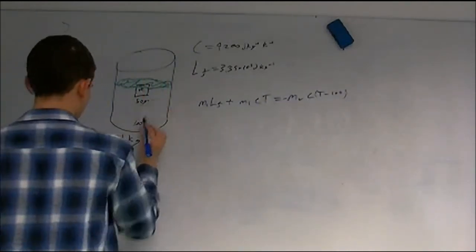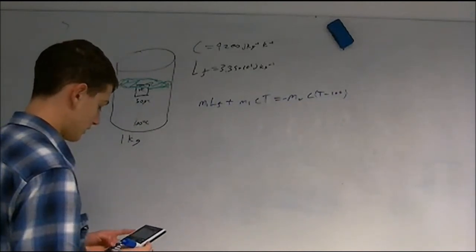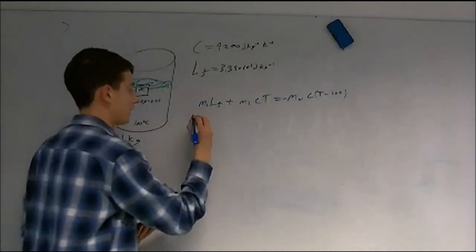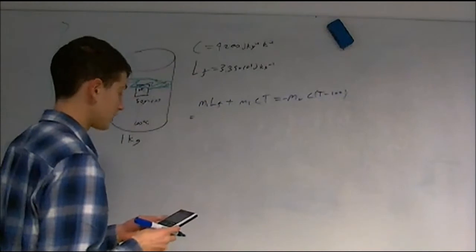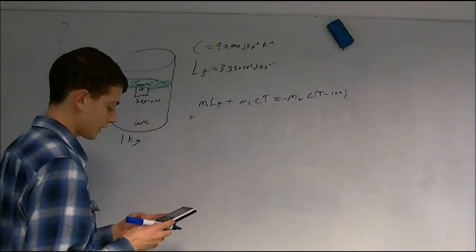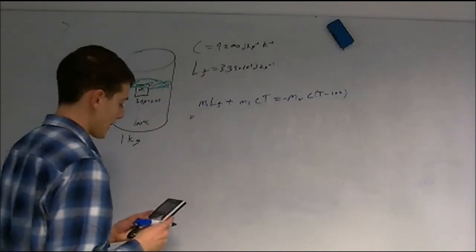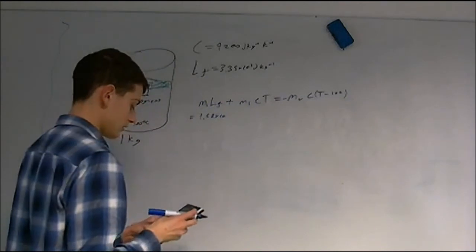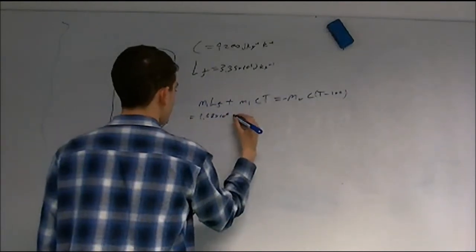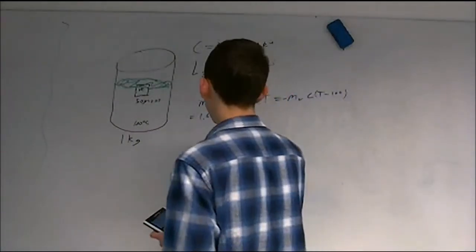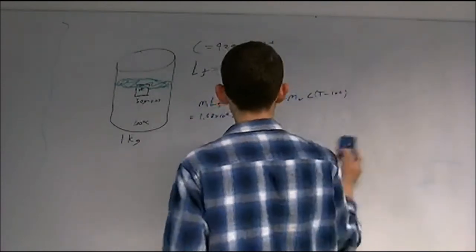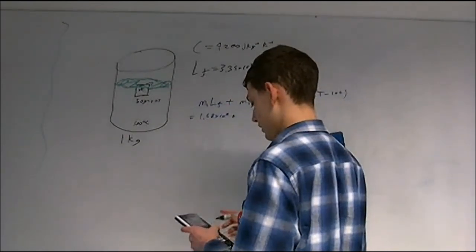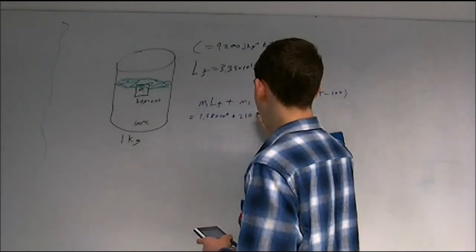So 50 grams equals 50 times 10 to the minus 3, 0.05 kilograms. That equals 0.05 times the latent heat of fusion, 3.35 E5, which is 1.68 times 10 to the 4 joules, plus 0.05 times 4200, times the final temperature.